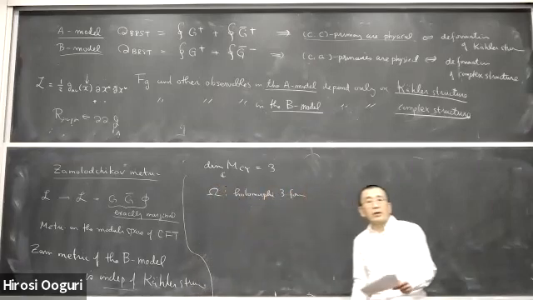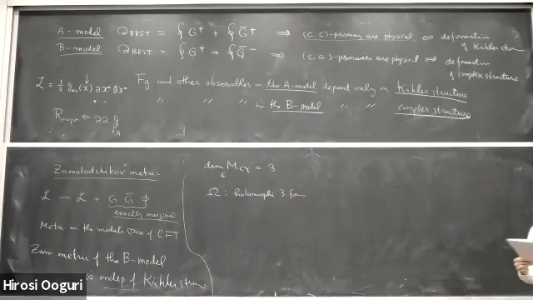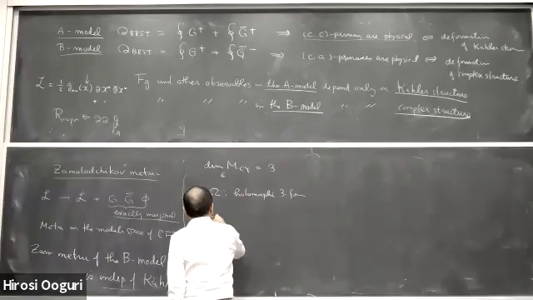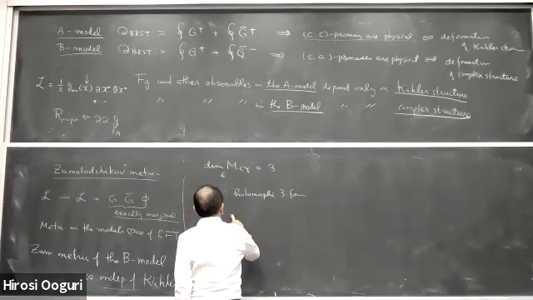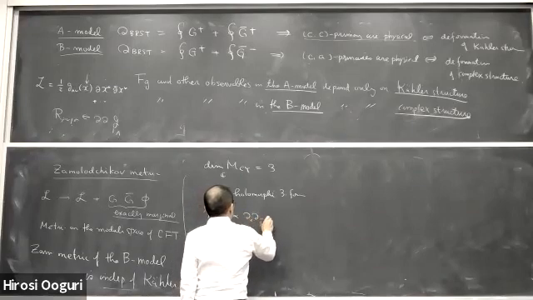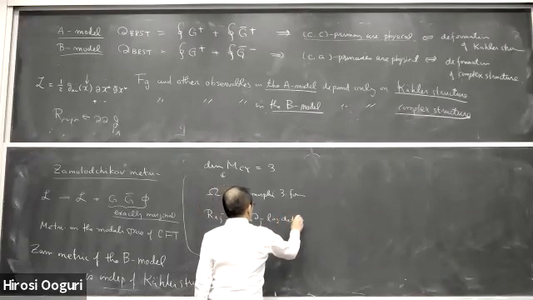You remember that this played an important role in the study of the Calabi-Yau condition, because the Ricci curvature of the Kähler manifold is proportional to ∂∂̄ of log of the determinant of the metric.